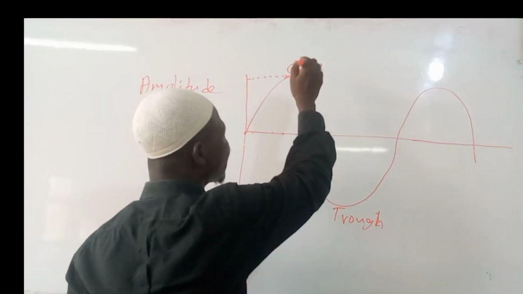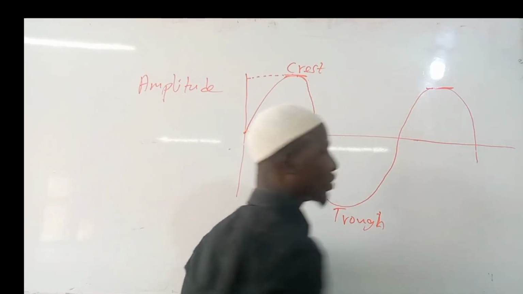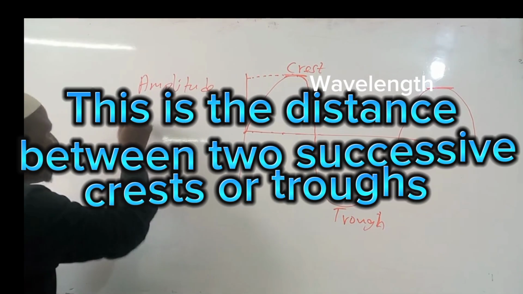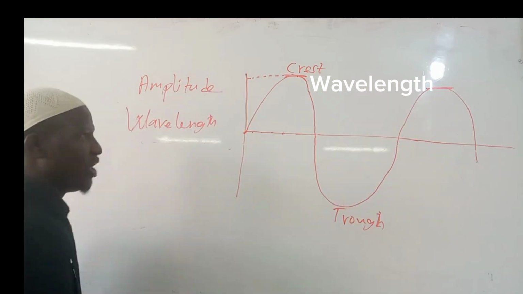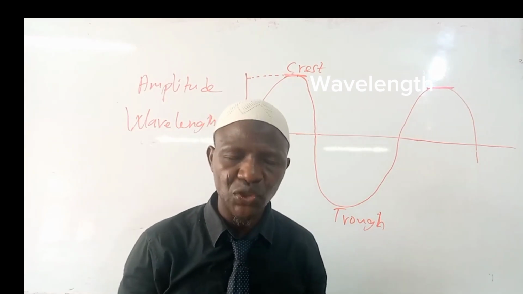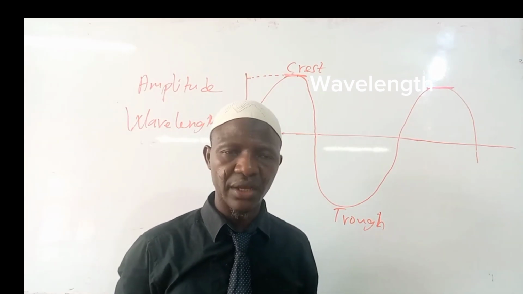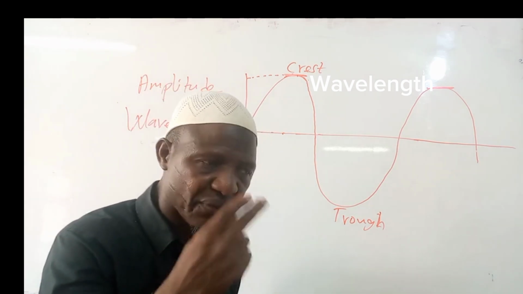Then the distance between this crest and the next one is called wavelength. Please, if you want to define wavelength, don't define it as the distance between two crests. It's wrong. Wavelength is the distance between two successive crests.